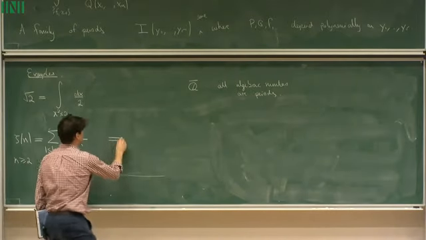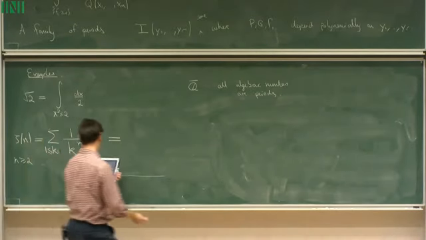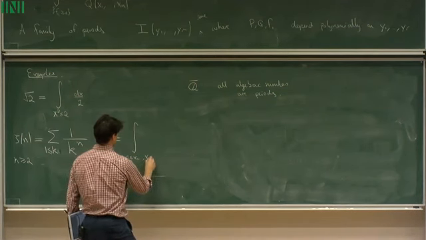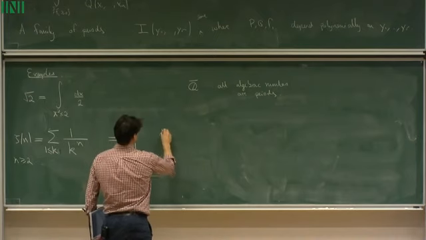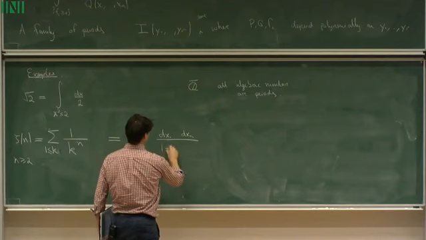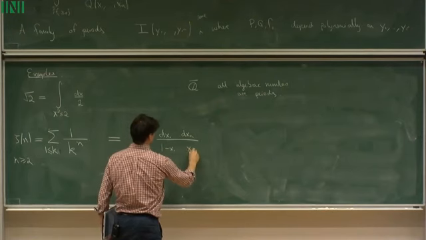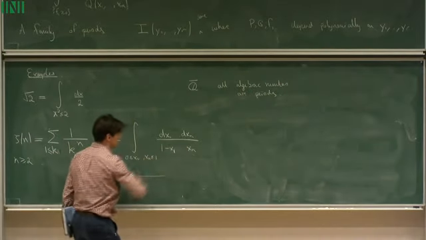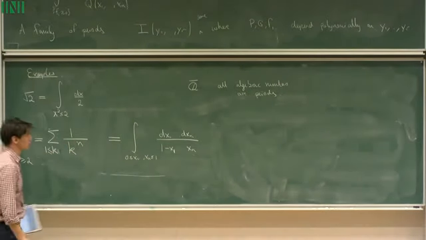This number is also a period, and it's given by this integral, for example. So the proof is straightforward. You just multiply this out using geometric series and integrate term by term.